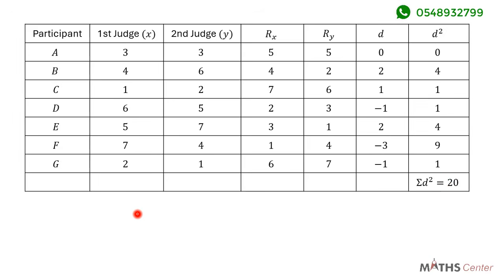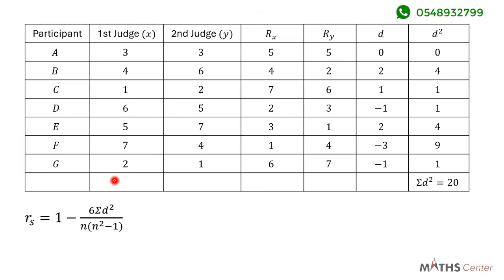The Spearman's rank correlation coefficient is given by the formula Rs is equal to 1 minus 6 times sigma D squared divided by n into bracket n squared minus 1. We have sigma D squared to be 20. N will be the number of participants. Let's count them. We have 1, 2, 3, 4, 5, 6, 7.